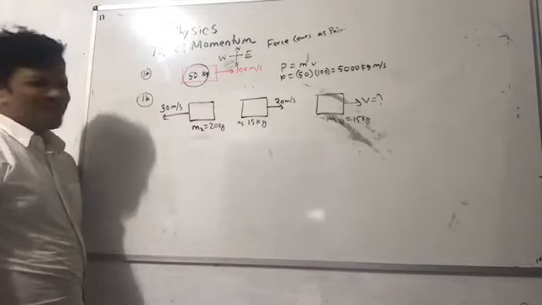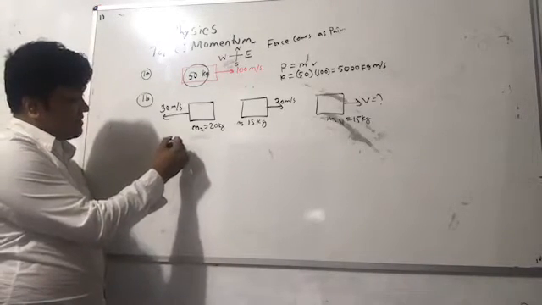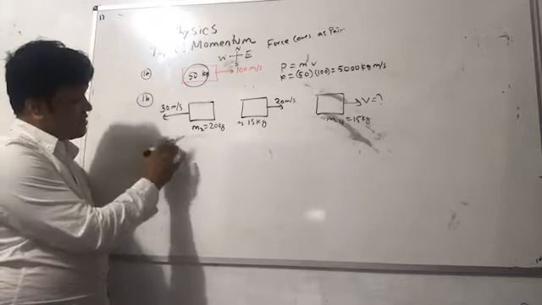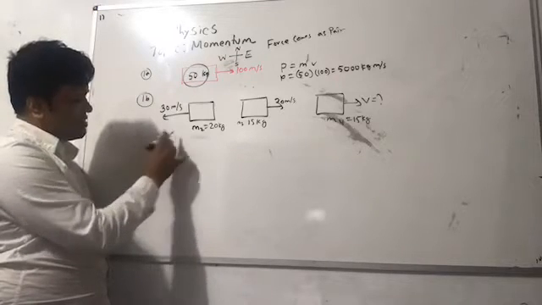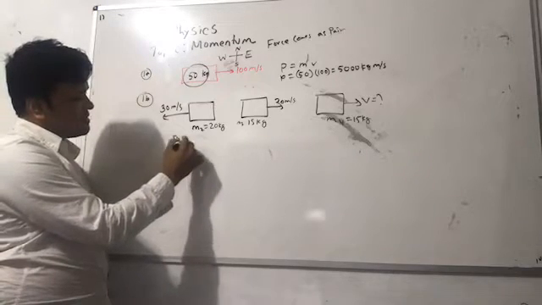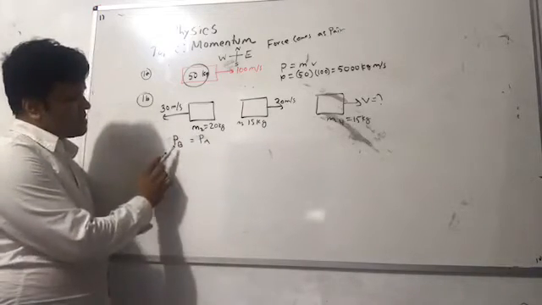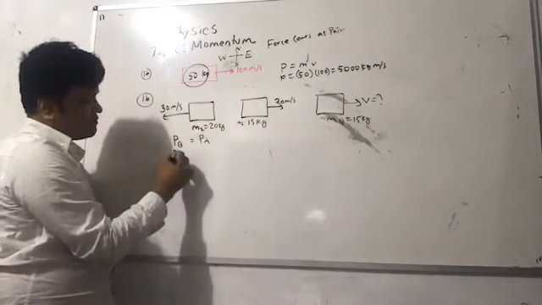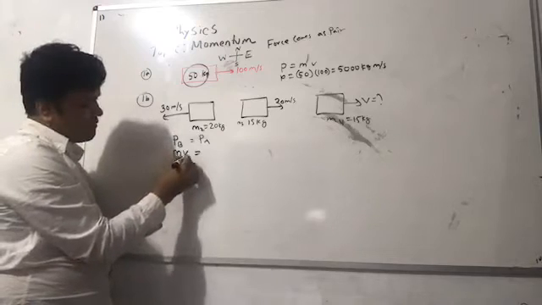How? We're gonna write Newton's third law. Newton's third law, we're gonna write it like that. Momentum before is equal to momentum after. Okay. What is momentum before? To be more specific, M1 V1.